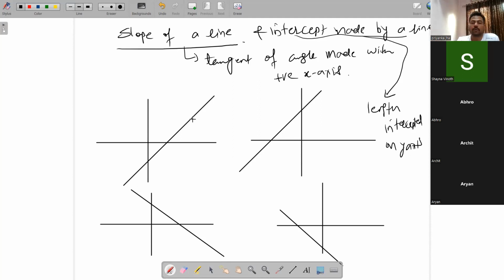Suppose I talk about this line. We can see that this is your positive x-axis. So this line will make some angle theta with the positive x-axis. We are not concerned about the angle made with the negative x-axis.